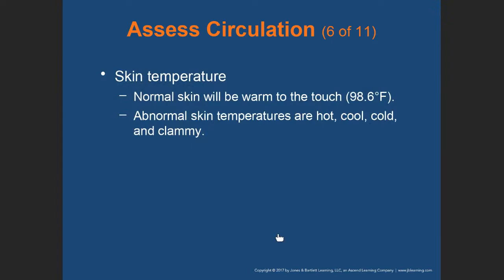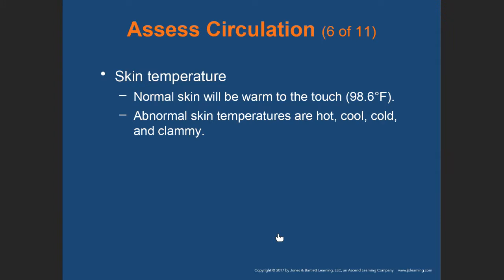Now, for the skin temperature in our circulation assessment, we're not trying to get a thermometer reading. Right? We're trying to determine if the patient's skin feels warm and dry, cool and clammy, or excessively sweaty. So it's really to determine if the patient's skin is depicting any signs or symptoms of shock developing.